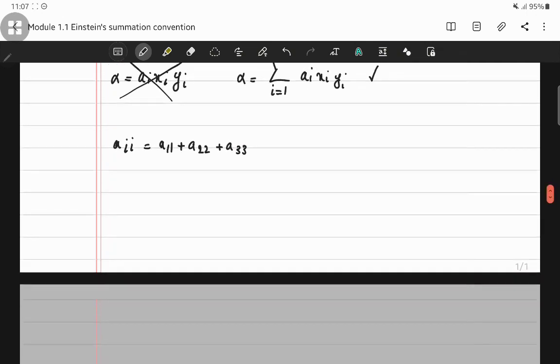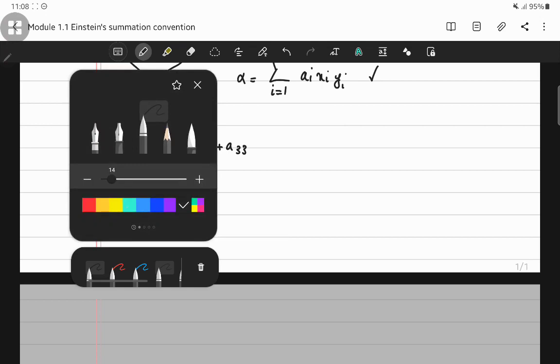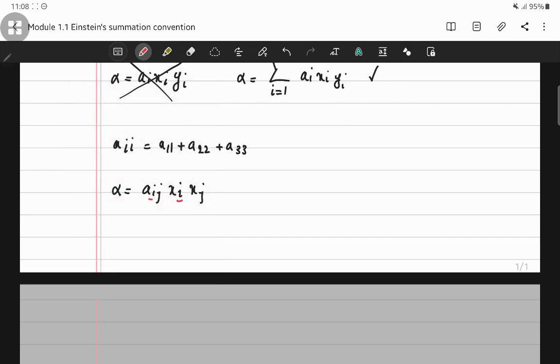Or, for example, if you have an expression like alpha equal to a_ij x_i x_j, what does it mean? It simply means that you have two repeated indices, or two dummy indices. So you have to sum over the repeated indices.